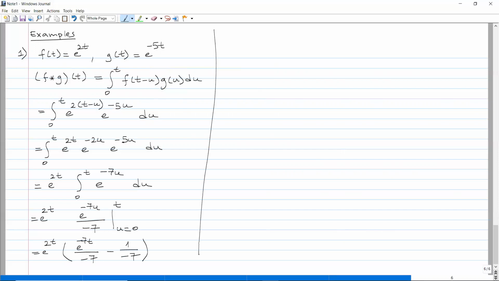So I have e to the 2t times (minus e to the minus 7t over minus 7 plus 1 over minus 7)... wait, this is, what am I doing? So e to the 2t minus e to the minus 5t, divided by 7.